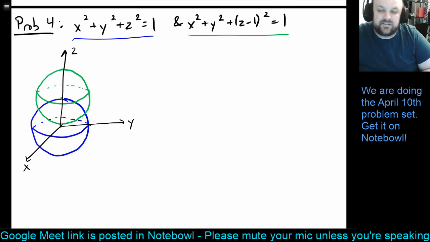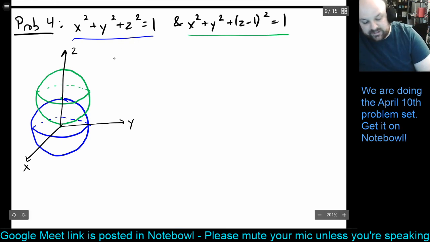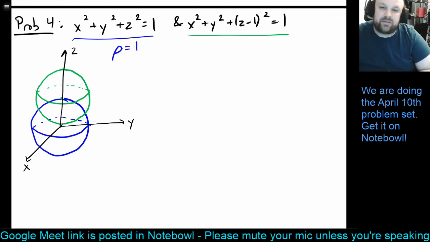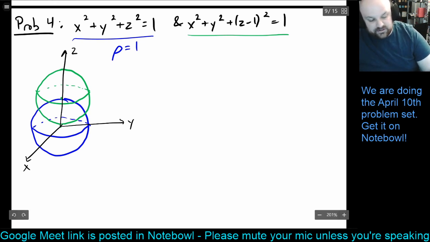So the fact that these are spheres is a good indication we might want to use spherical coordinates. This bottom sphere, the blue one, is going to be given by rho equals 1, which is simple enough. This one, on the other hand, this sphere is off-centered, so maybe we get something a little bit different here. So let's convert this to spherical first.